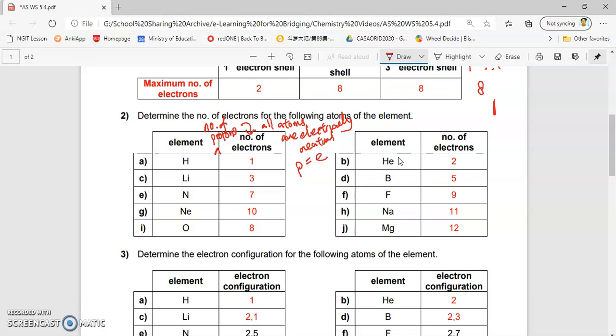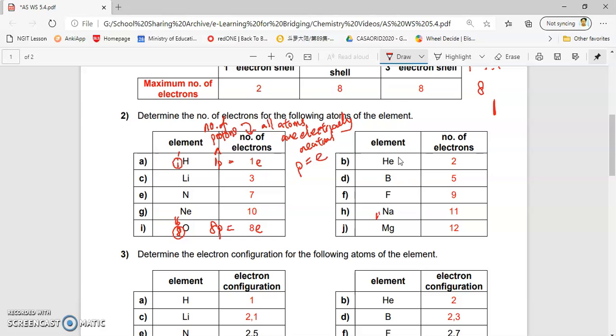Maybe just to go through some. Hydrogen is 1, 1. The proton number is 1, so it has 1 proton. If it has 1 proton, it must have 1 electron. Another one would be oxygen, 8, 16. Because it has 8 protons, and it is an atom, it's electrically neutral, so it must have 8 electrons.